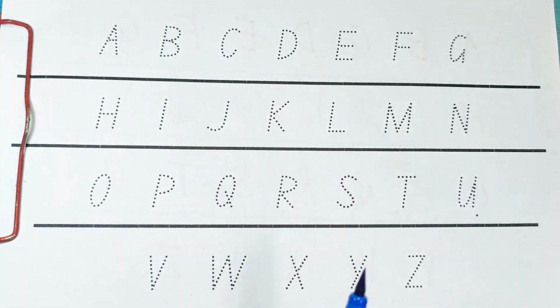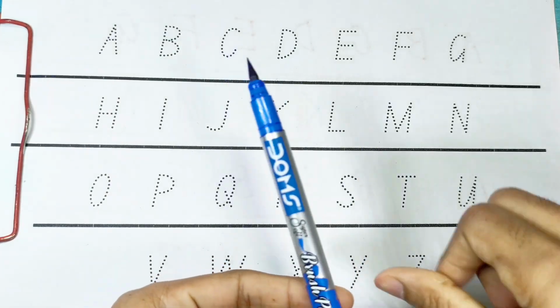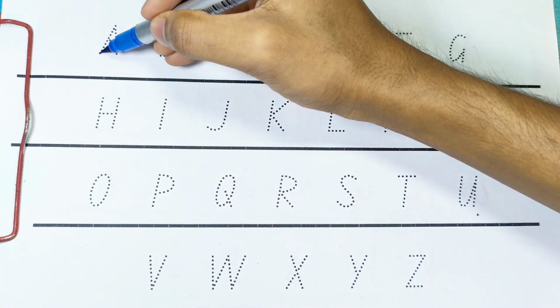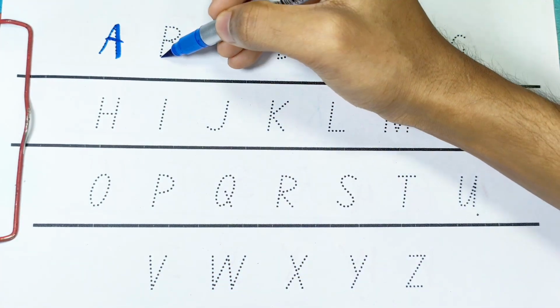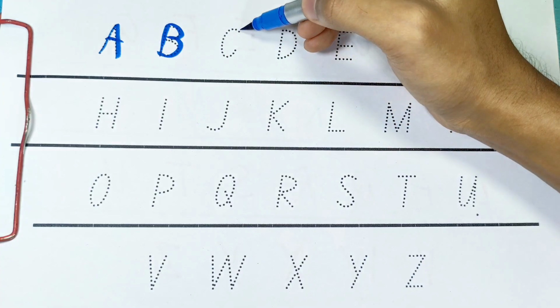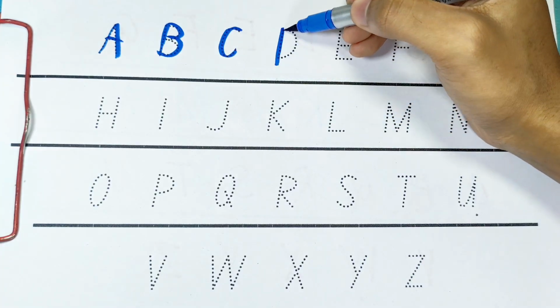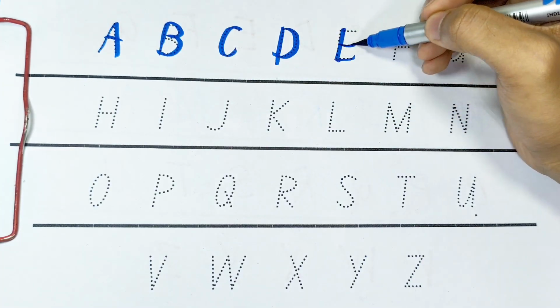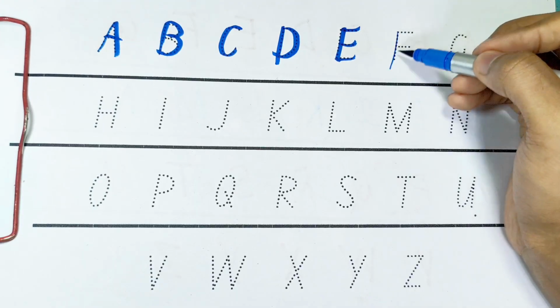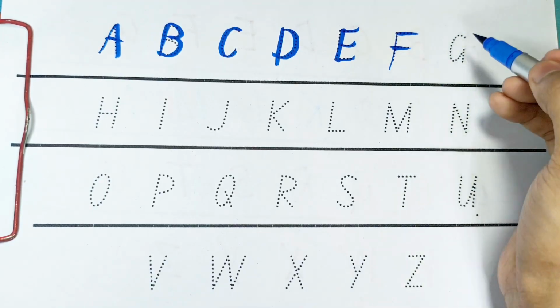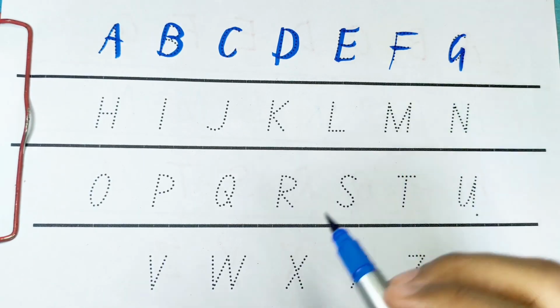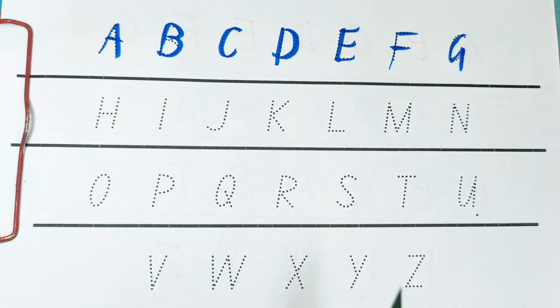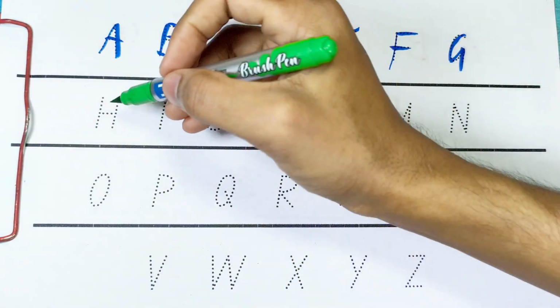Stay with us. So kids, first we're using the color of blue, and now we're writing the alphabet of A, B, C, D, E. The next one is F. The next one is G. G for God. The next one is H. Light green color.